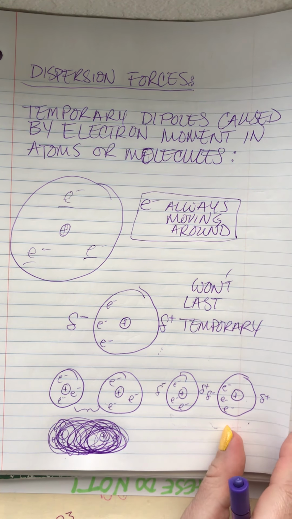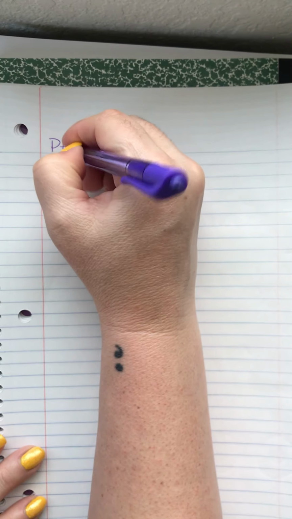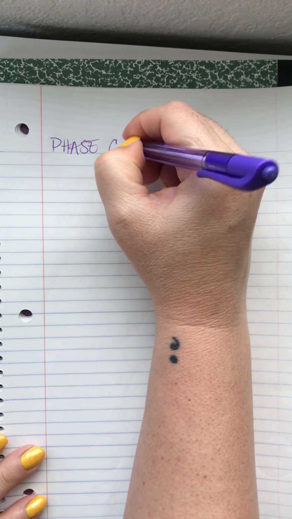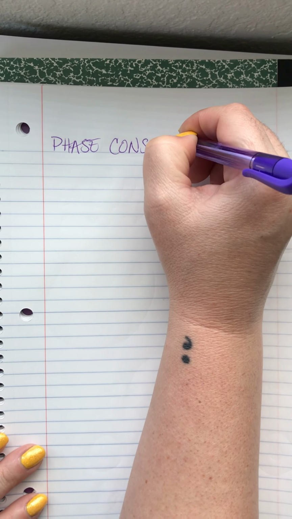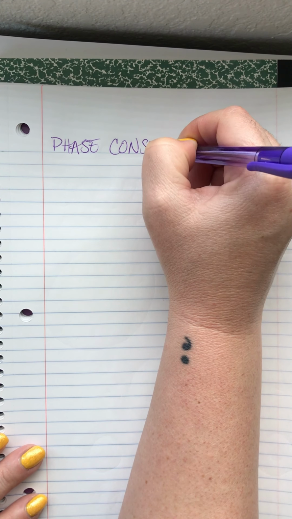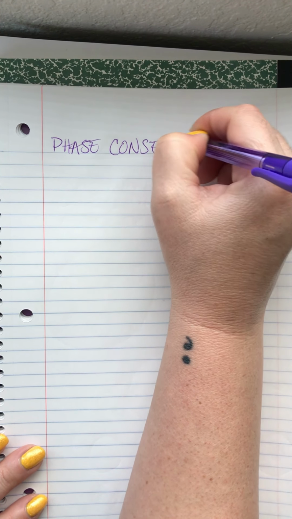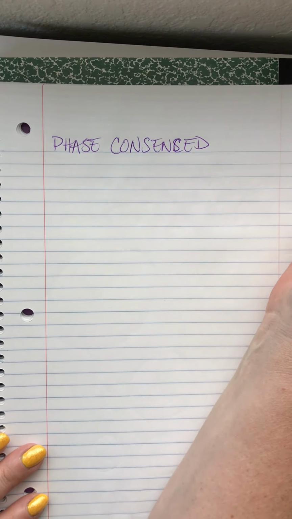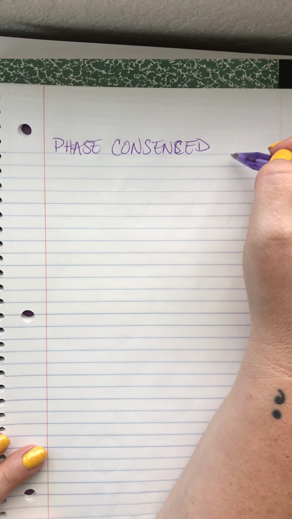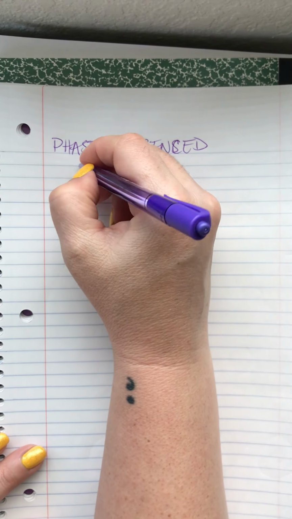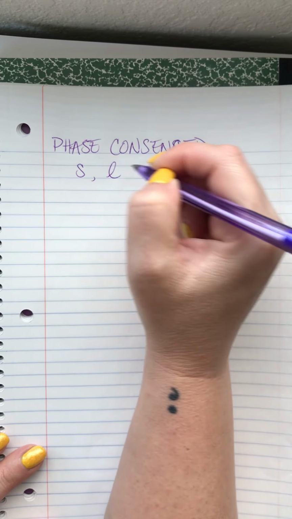So, when we're talking about phases, we started out talking about condensed phases. I don't know how I just forgot how to spell that, literally mid-sentence, whatever. Condensed phases, right? What we're talking about is solids and liquids.